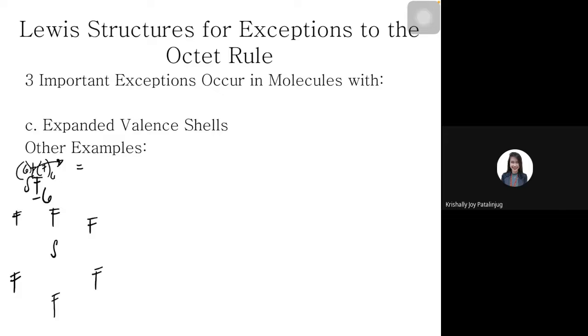What's the total valence electron? 7 times 6 plus 6, that is 48 electrons. Minus pa yan, minus 12.